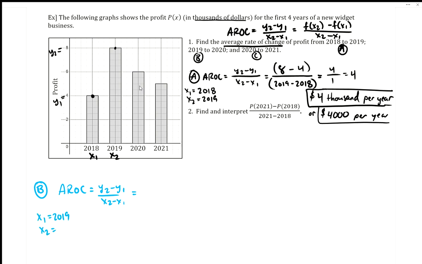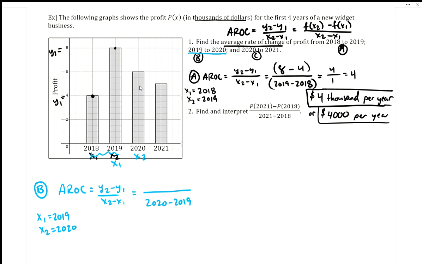Our x2 is 2020. So I'm just marking that information cleanly down below. I think I'm just going to scribble out the old ones and say, here is x1 now, and this is x2 now. So we can put those in. So we have 2020 minus 2019.